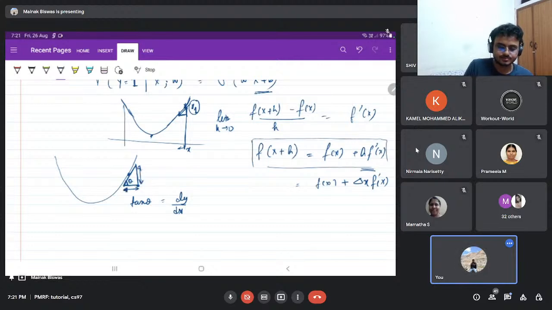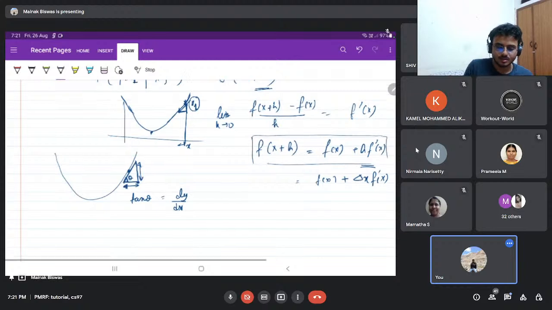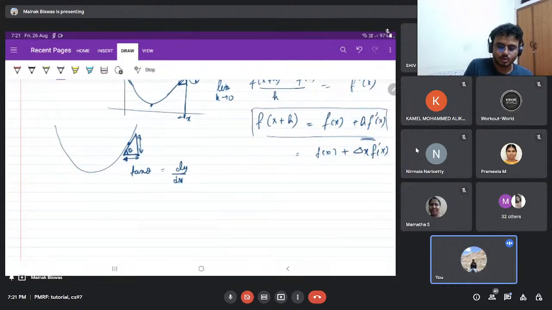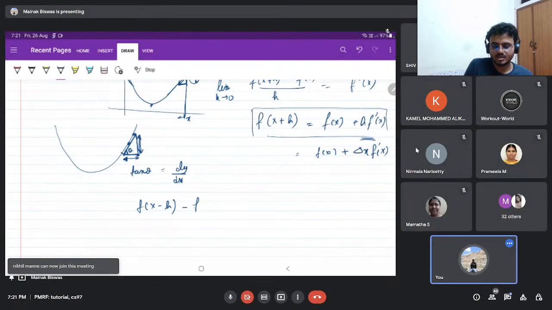So what can you do? The perpendicular, what is the difference between these two? The difference is f of x plus h minus, rather you can write x minus h. This is the gradient.